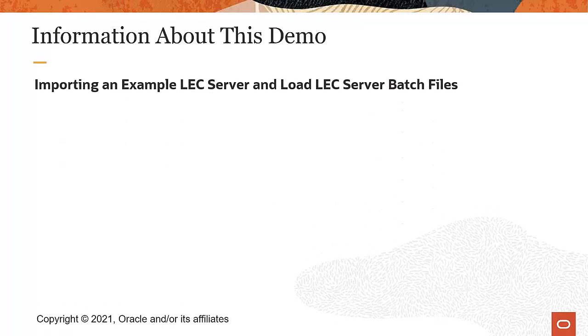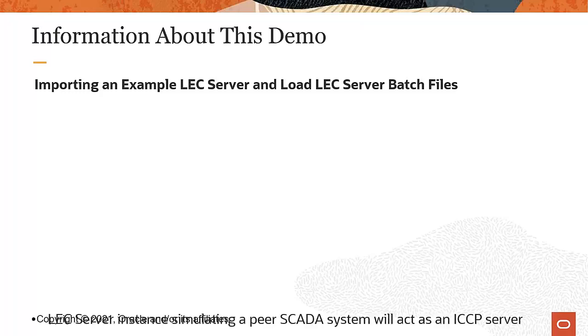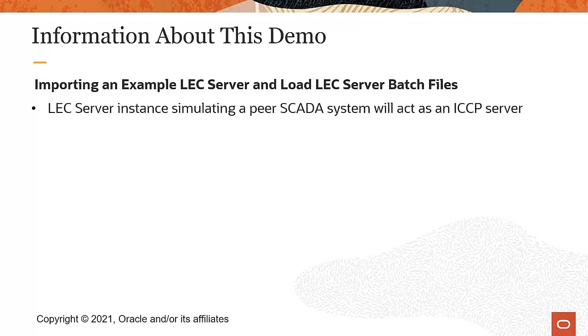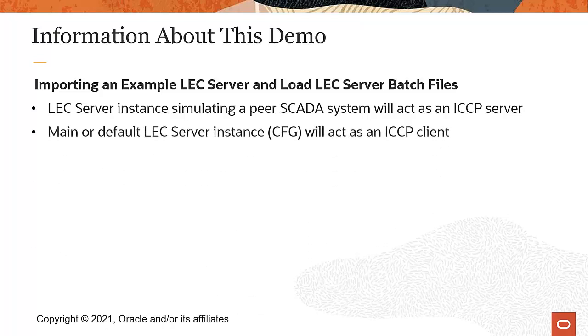I'll also be importing another example LEC server configuration that will simulate a peer SCADA system, and I'll also load the LEC server batch files for that configuration. In this demo, the LEC server instance simulating a peer SCADA system will act as an ICCP server, and the main or default LEC server instance called CFG will act as an ICCP client.